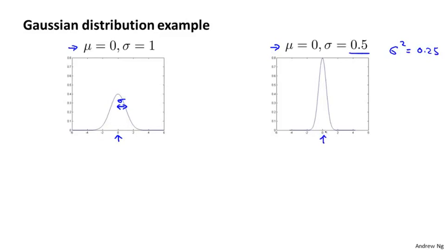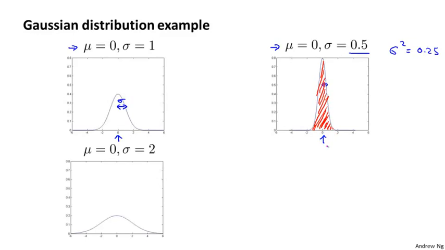It is also centered at 0, but now the width of this is much smaller, because with the smaller standard deviation, the width of this Gaussian density is roughly half as wide. But because this is a probability distribution, the area under the curve, that is the shaded area there, must integrate to 1. This is a property of probability distributions. And so this is a much taller Gaussian density because it's half as wide with half the standard deviation, but it's twice as tall.